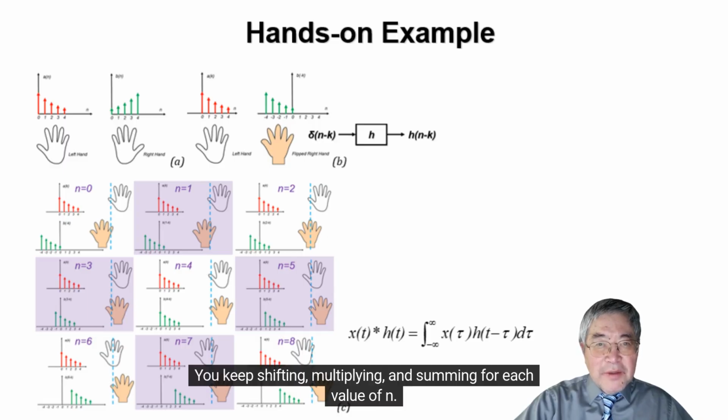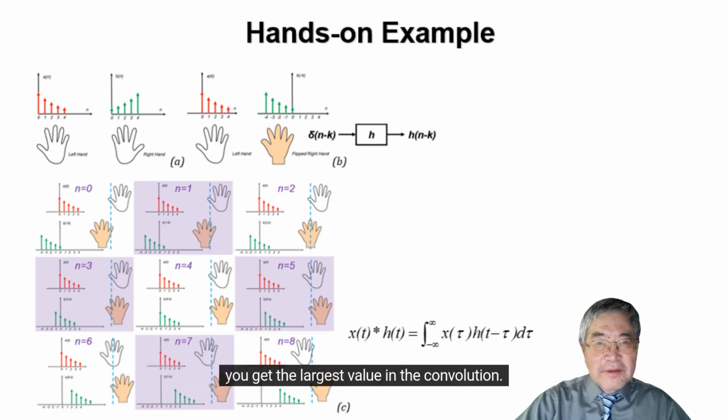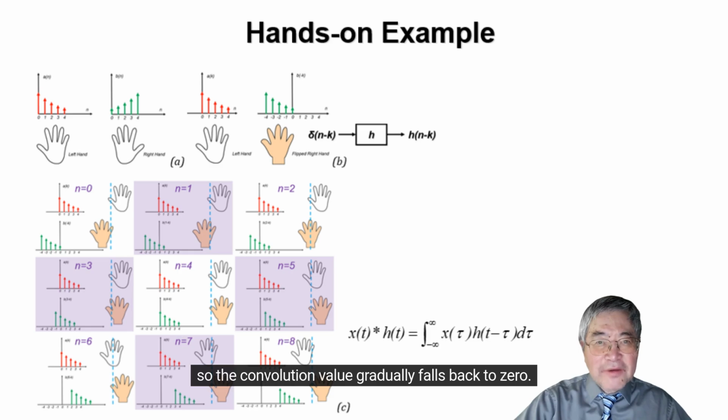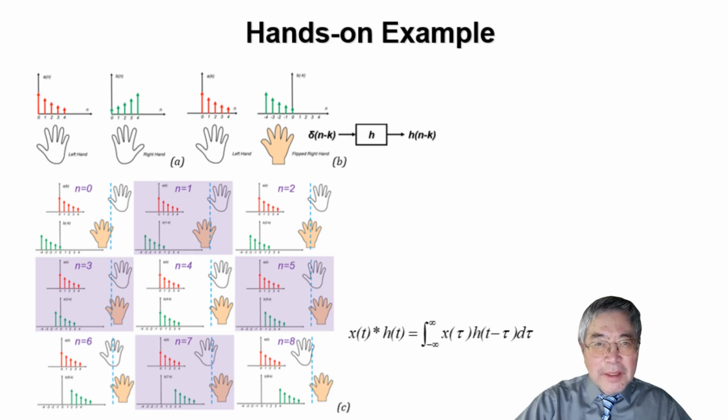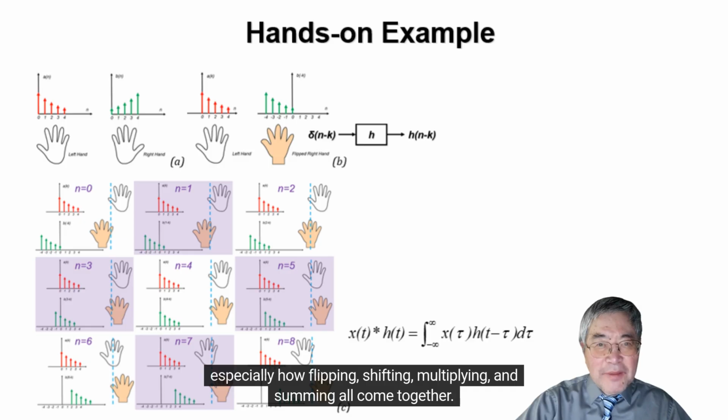You keep shifting, multiplying, and summing for each value of n. You'll notice that when the two functions fully overlap, you get the largest value in the convolution. And as they slide past each other, the overlap decreases, so the convolution value gradually falls back to 0. This visual analogy with your hands is a powerful way to understand discrete convolution, especially how flipping, shifting, multiplying, and summing all come together.